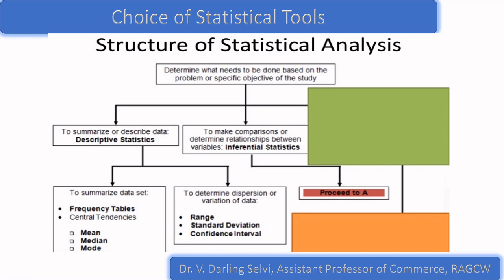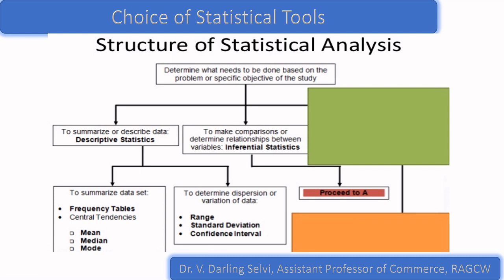Just for description, this can be done with the help of frequency tables, by exhibiting the measures of central tendency, whose components are mean, median, mode, geometric mean, and harmonic mean. And we have measures of dispersion also, consisting of range, which is the difference between minimum and maximum values, then standard deviation, confidence interval, quartile deviation, mean deviation, and skewness and kurtosis. Everything is available here.